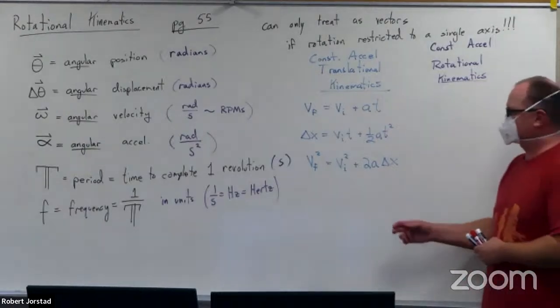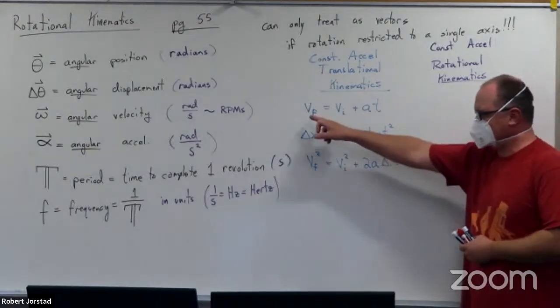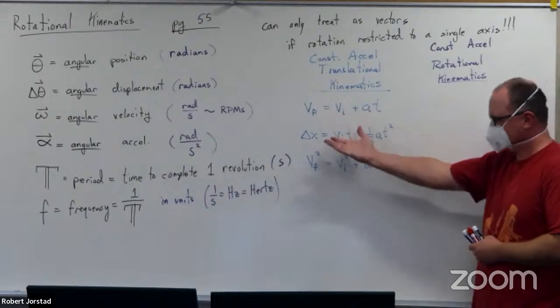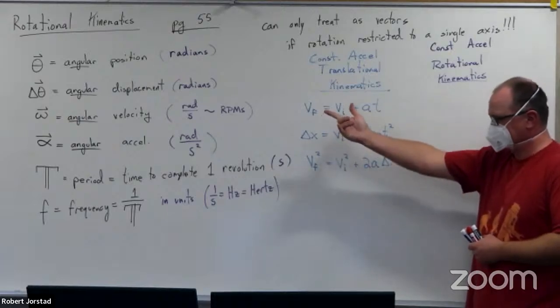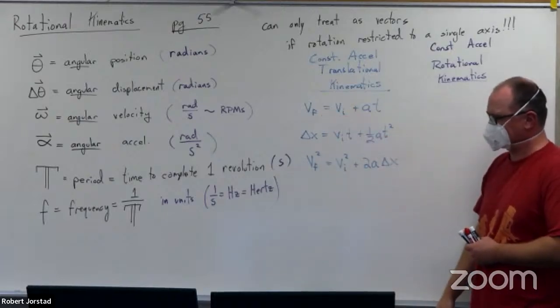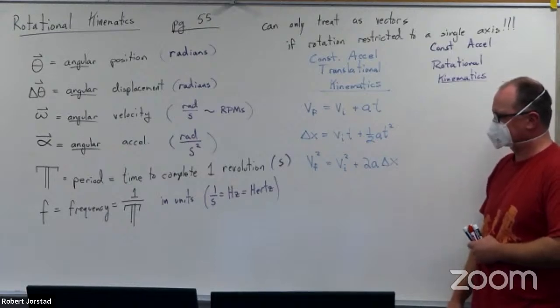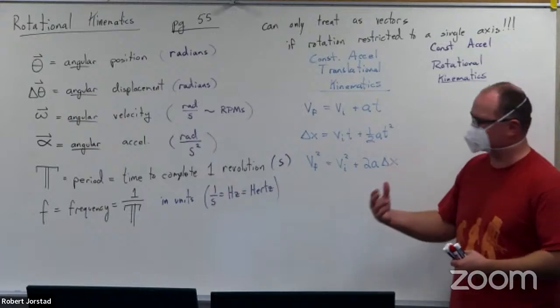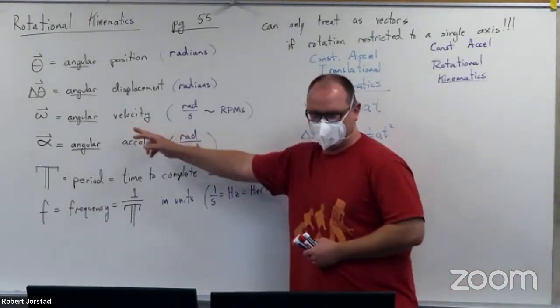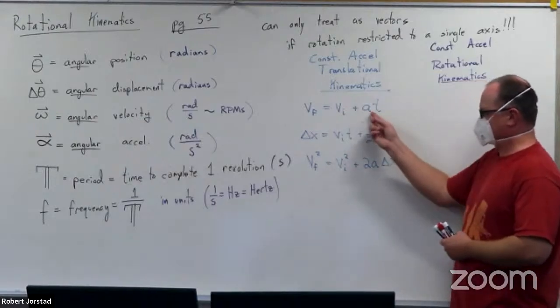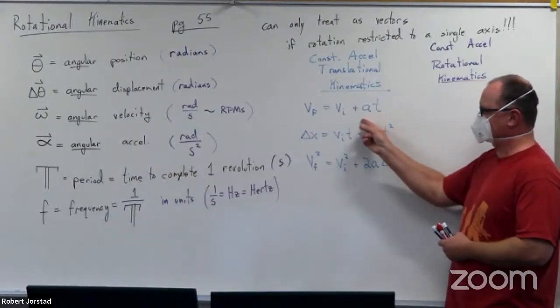Well, what is the rotational equivalent of velocity? Which symbol? Theta, omega, or alpha? Omega, because it's angular velocity. You agree? So how do you think I might rewrite this equation?